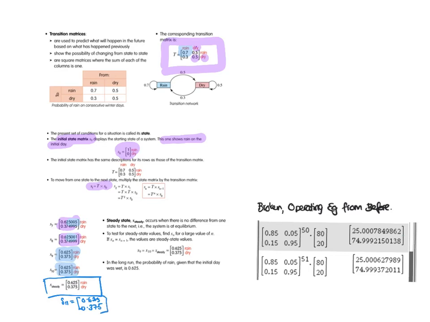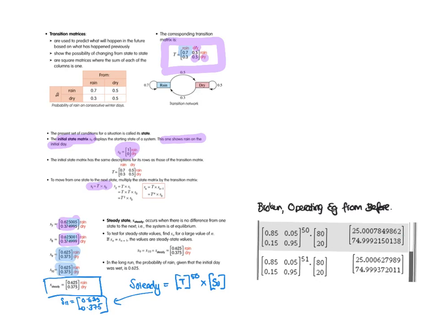Now, different scenarios will hit the steady state at different times. But a quick way to get there, so that you know what the steady state is, is to raise the transition to a really high power and you're guaranteed to get there. We like to do 50 and we'll just do S0, and that would give this scenario.